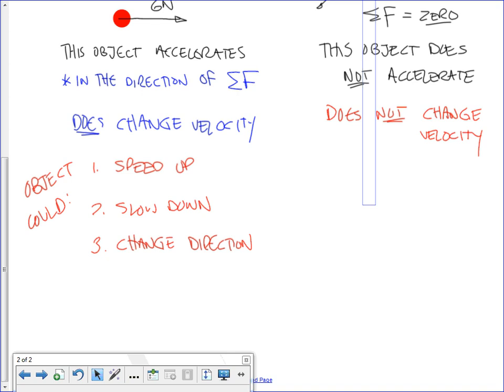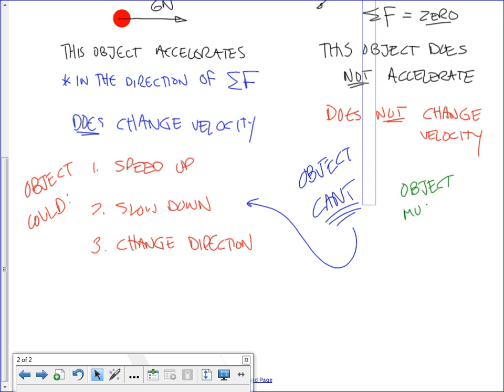So in this case, if we say that an object does not change velocity, this object can't do any of those things. So what must it do? The object must do one of two things.